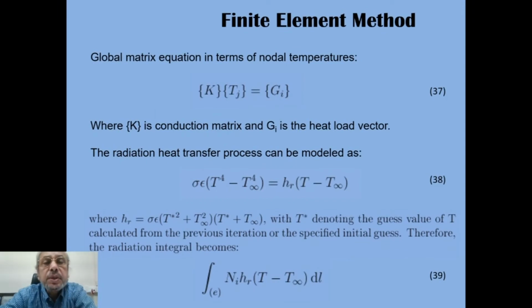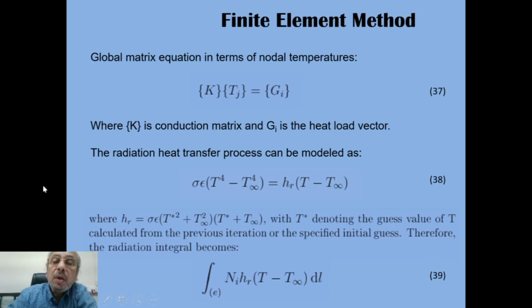Now, the global equation matrix in terms of nodal temperatures, this is what I was saying, K Tj, where Tj is maybe 1 to 150, 1 to 1000, depending on the number of points in the domain, the global points.